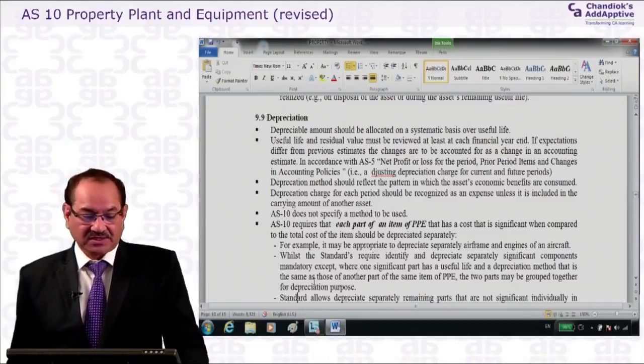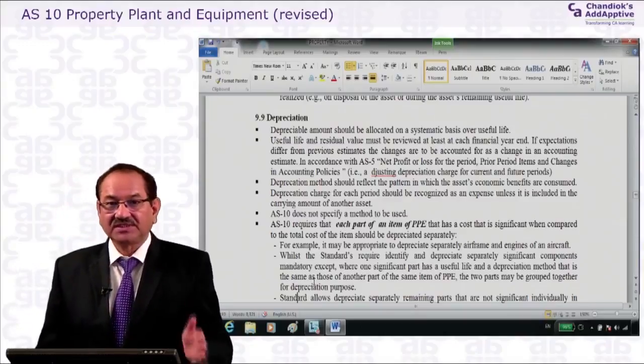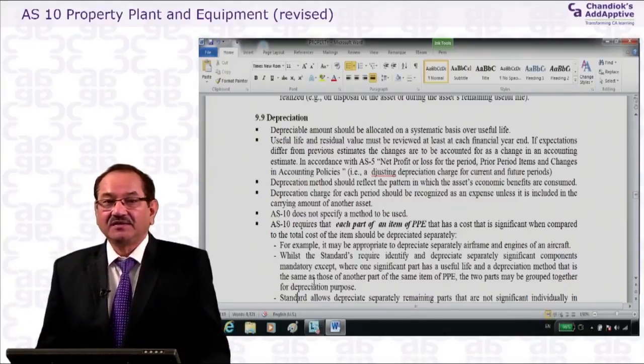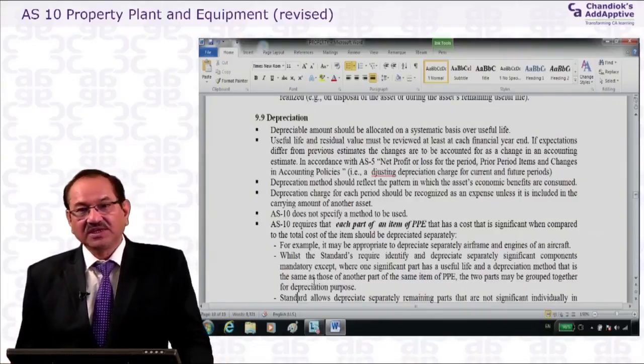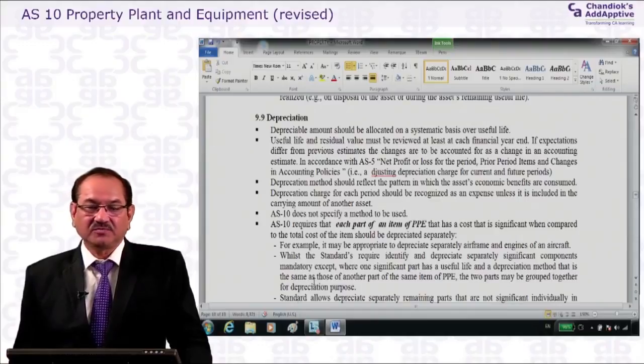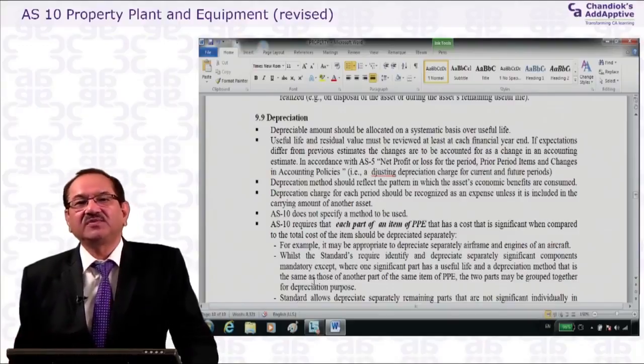And I also explained to you what it includes and how it is related. I talked about Schedule 2 of the Companies Act 2013, which is related to this one, and how this Accounting Standard 10 is related to that Schedule 2 also, which I will be discussing now. But the question is, what is depreciation? The concept of depreciation has not changed here, it is the same way, but perhaps you have to understand it in a different way.